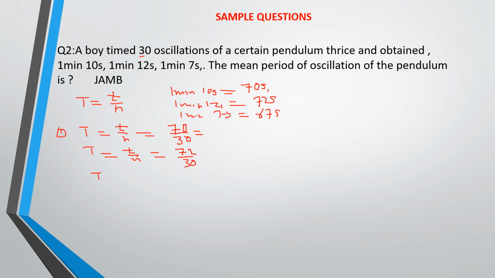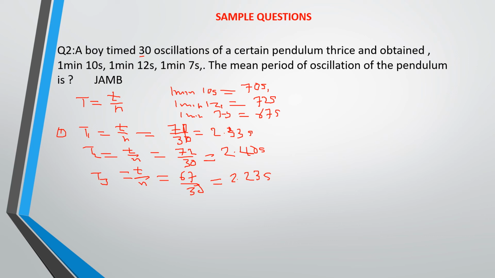Then the third case is 67 over 30. So guys, if you work all this out, this will give you 2.33 seconds, this will give you 2.40 seconds, and this will give you 2.23 seconds. So these are the various periods for each of the timings.